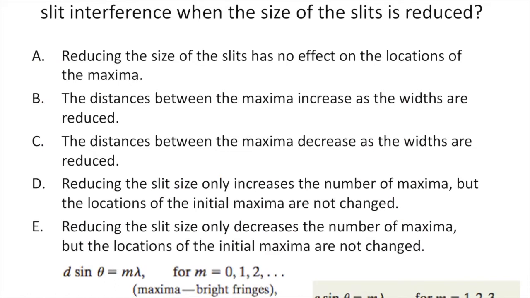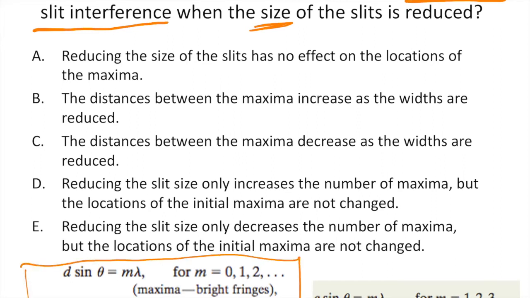What happens to the locations of the maxima for double slit interference when the size of the slits is reduced? So this is asking specifically for double slit interference. So it's telling us to focus just on this d sine theta stuff. So we're going to ignore the single slit for now.